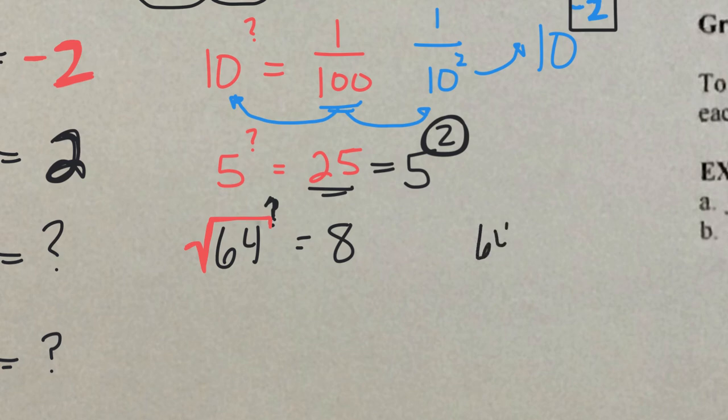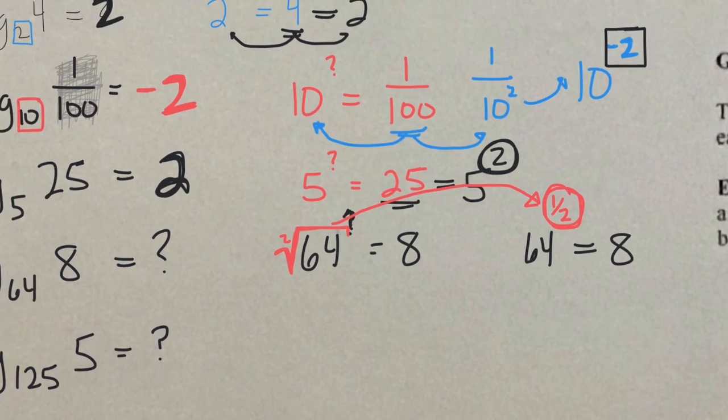Now, the square root is a special symbol that can be written as a fractional exponent. The square root is the 1/2 power, because it's the square root or the second root. So when we take our root, oh, I just said it. The answer is a fraction.